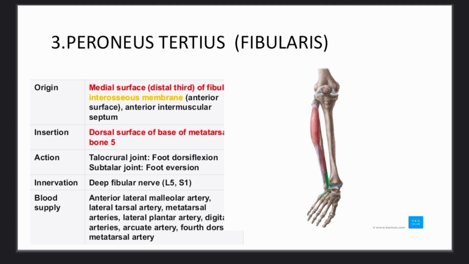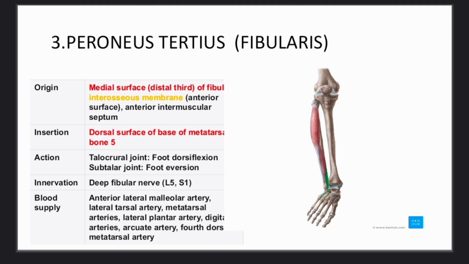So innervation, nerve supply, the muscle is supplied by the deep fibular nerve or also known as deep peroneal nerve. So blood supply, it receives from the anterior lateral malleolar artery and metatarsal arteries. So this peroneus tertius assists in lifting the foot upward and turning it outward, helping to stabilize the foot during walking and all.